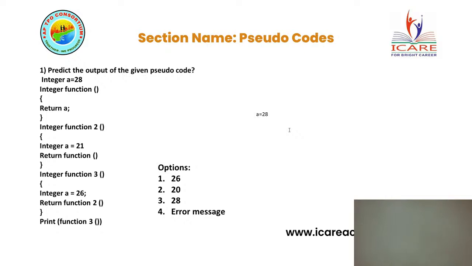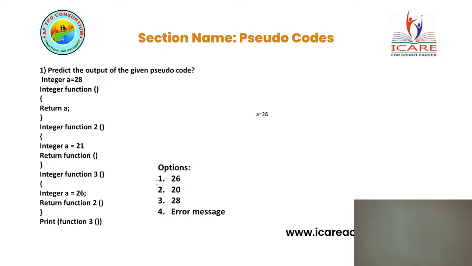And after that some function with the function name function itself, and it has the data type integer. Here it is just declaring and not calling the function, with a return a statement. And again we have function 2 with the data type integer, with some value assigning and some return statement, same as usual function 3.